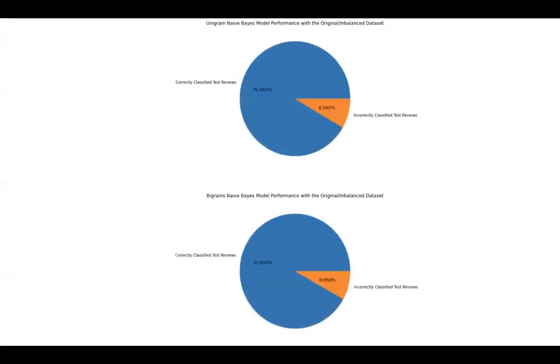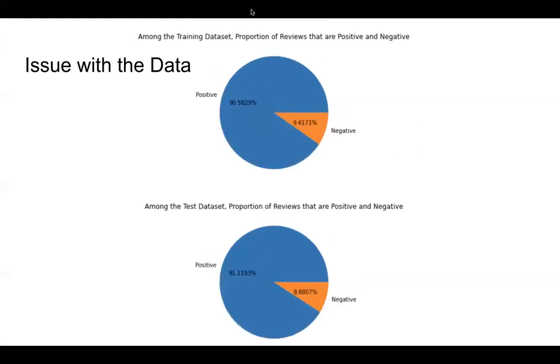I was alarmed at this. These accuracies are too close to the proportion of positive reviews in the training and especially the test data sets.